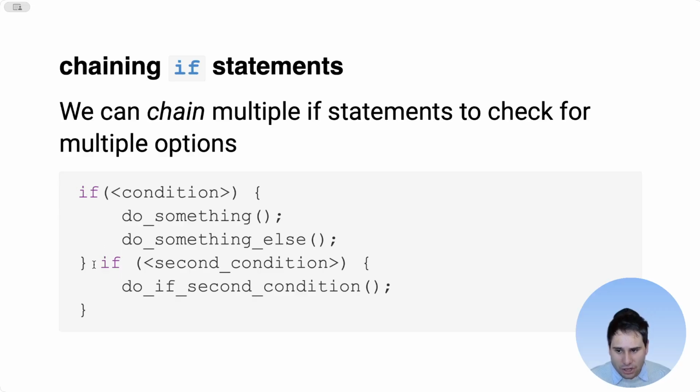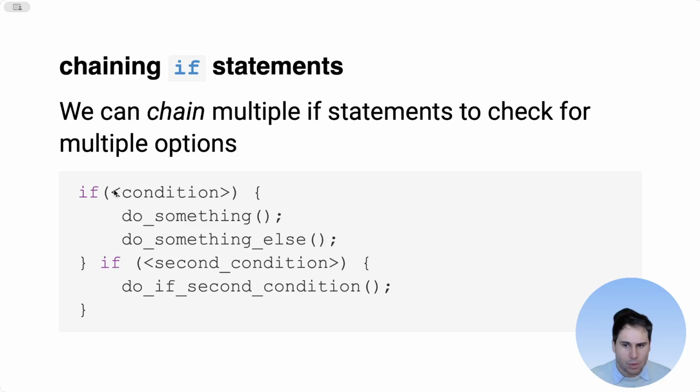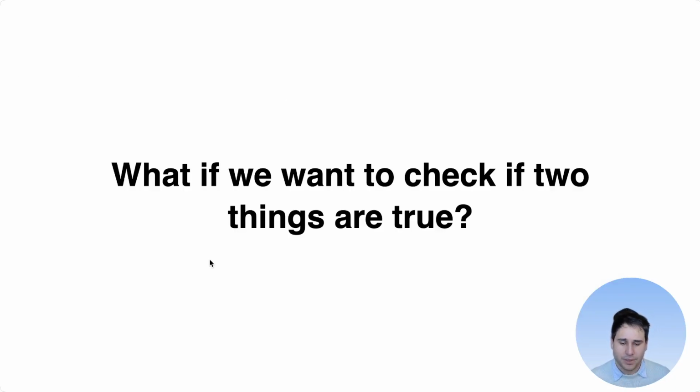And again, you sort of just tack on the next if statement right after the first if statement's block. And each if statement gets run independently. So no matter what, the condition check will run. If it's true, you do something. So it's possible that both conditions will be checked and will be true, and you'll do all three things in some cases. So hopefully that makes sense. Okay.